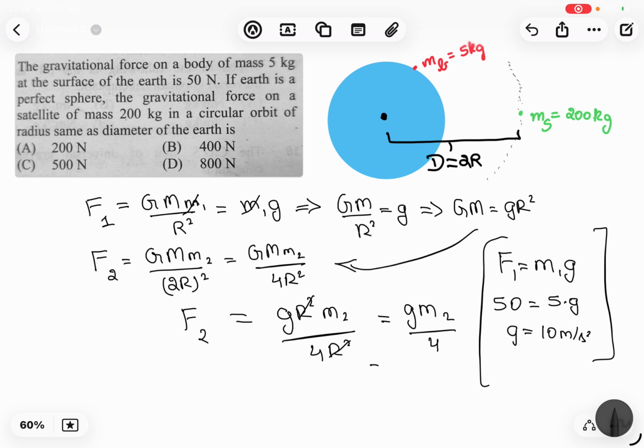If we substitute this into the equation, 10 into m2, the mass of the satellite, which is 200 kg, divided by 4, it turns out to be 500 newton, which is the force of attraction between the satellite and the Earth.